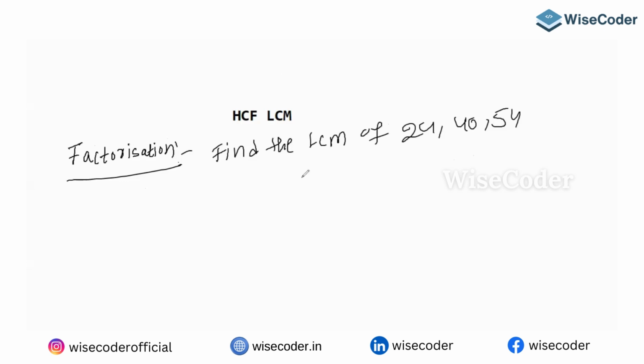24: how are you going to write 24? 8 times 3 is 24, and 8 is 2 cube.